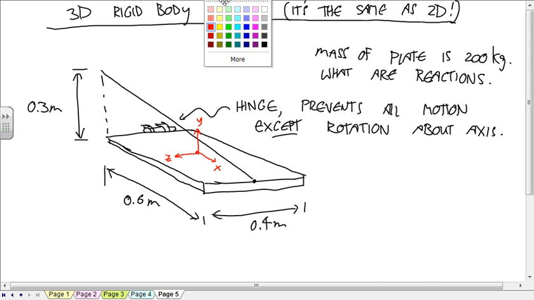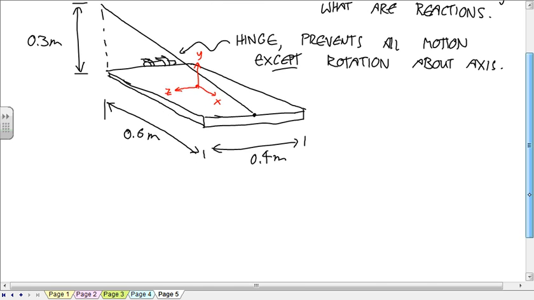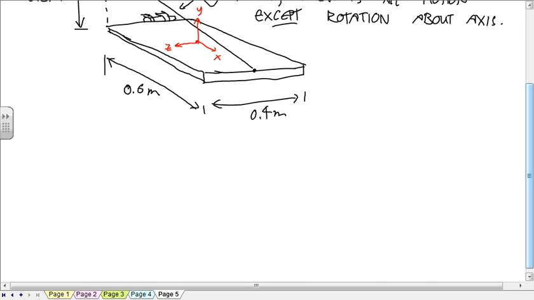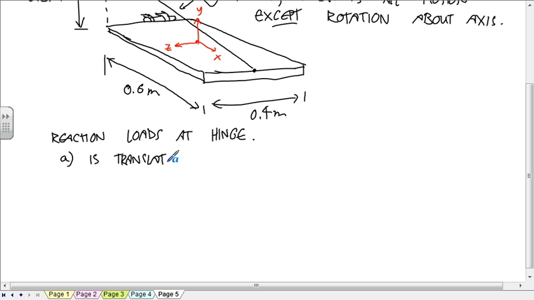And now let's think about components of the reaction. So we're going to think about the reaction loads at the hinge. Okay. So first, is translation allowed?